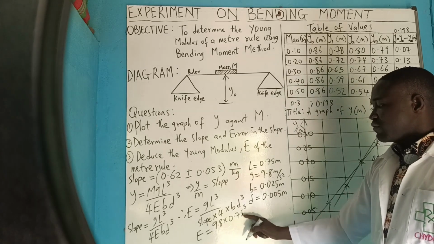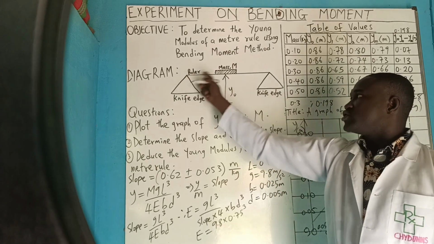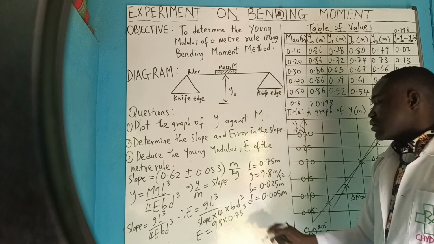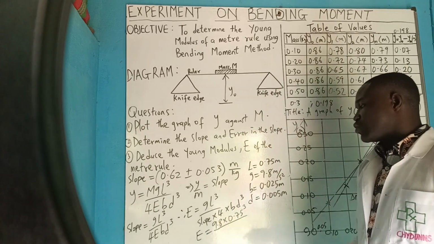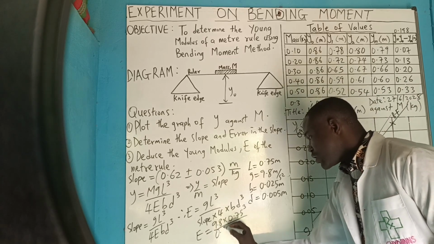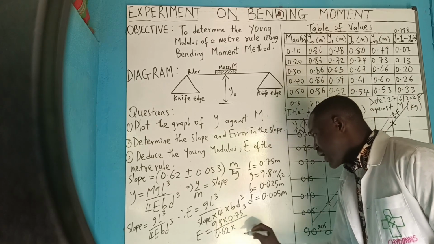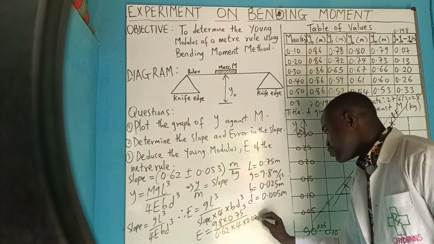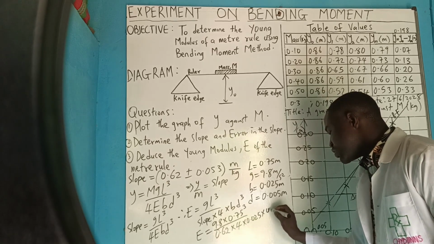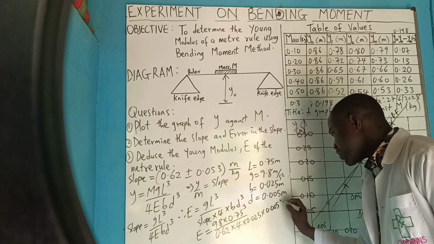This 0.75 is what we got from our measurement. Then all over the slope, which is 0.62, times 4 times 0.025 times 0.005 raised to the power of 3.